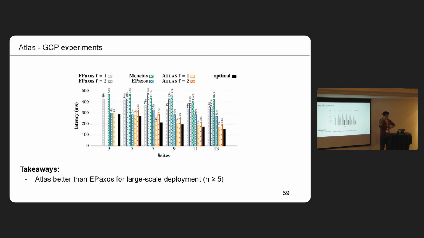I mean, if you have more nodes, there is a probability that one of those is slow. The more nodes you have, the higher the probability that one is slow.